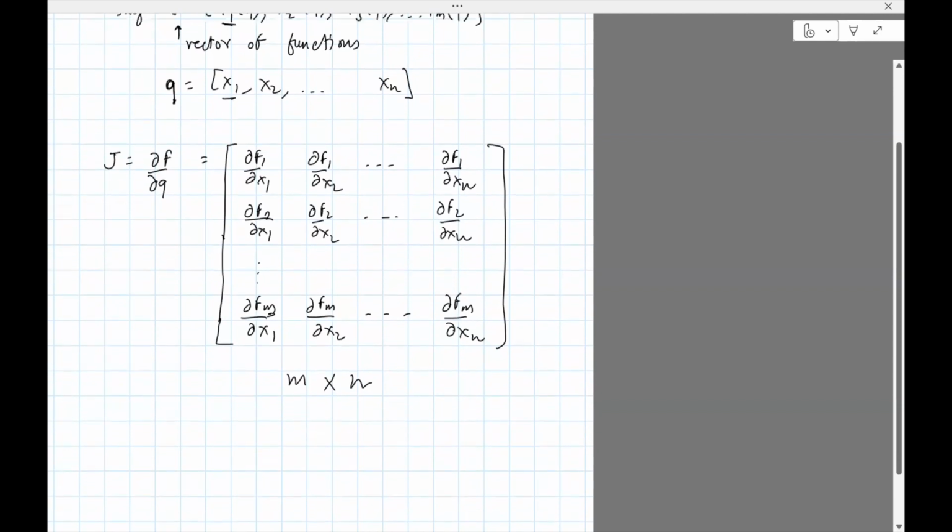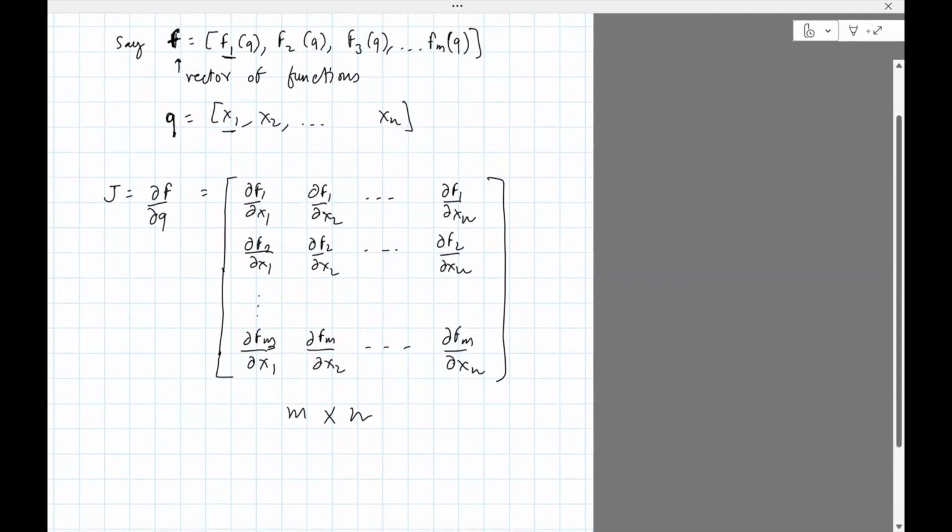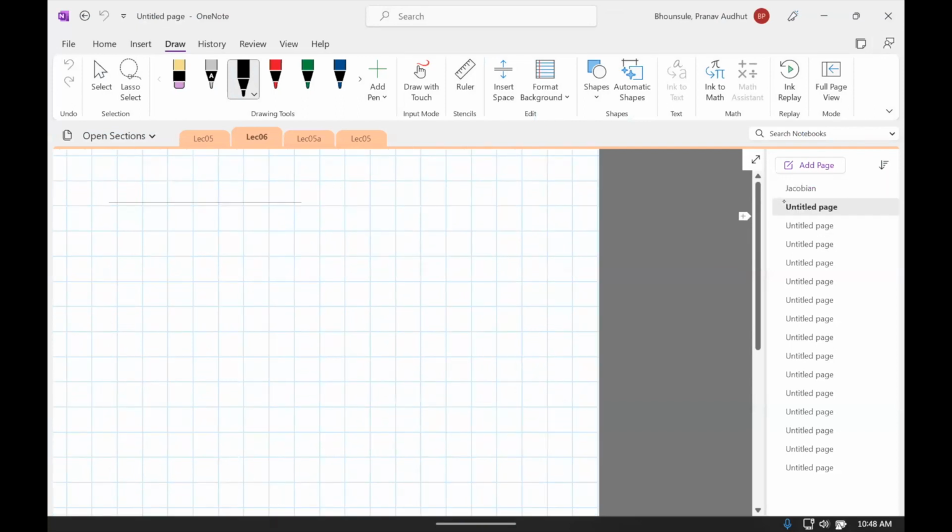Here is an example of how to do this calculation. f is x squared plus y squared, 2x plus 3y plus 5. q is x comma y.